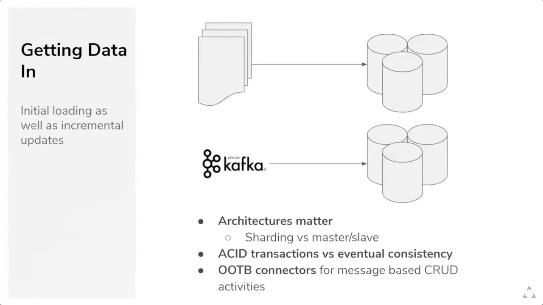There are many messaging options, and many of the graph vendors provide out of the box connectors. So if you've got Kafka, for instance, getting message-based data into your graph database is as simple as using one of the connectors already created for you.